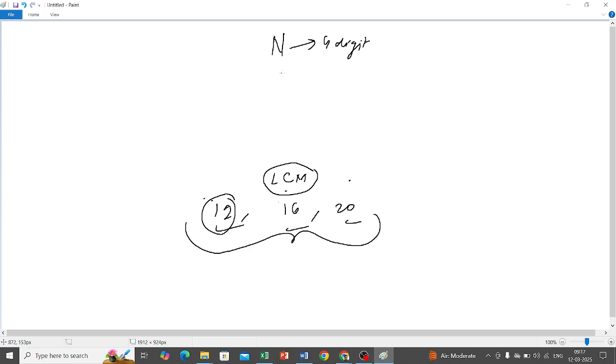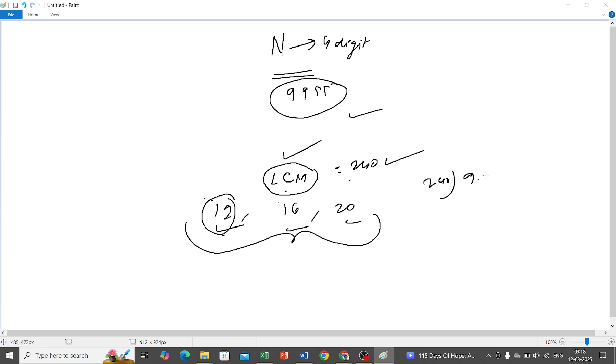If I just divide this 4-digit number by the LCM, my work will be done. I know that the largest 4-digit number is 9999. Say I get the LCM as 240. Now I will find the largest 4-digit number which is divisible by 240. Automatically that same number will become divisible by 12, 16 and 20.